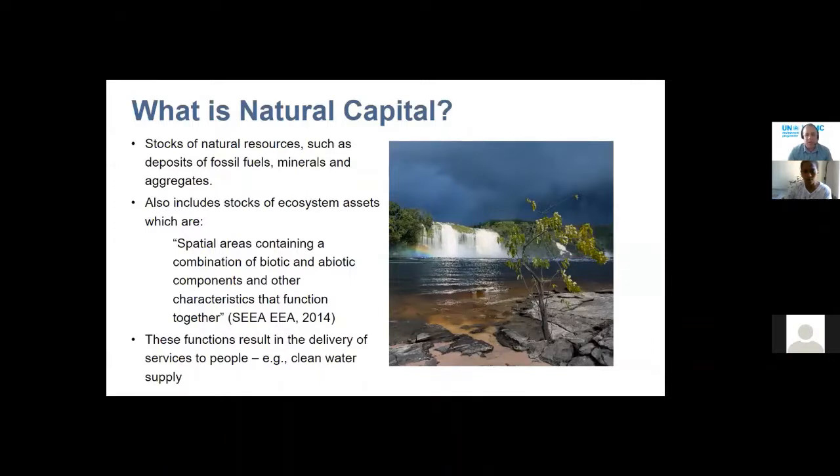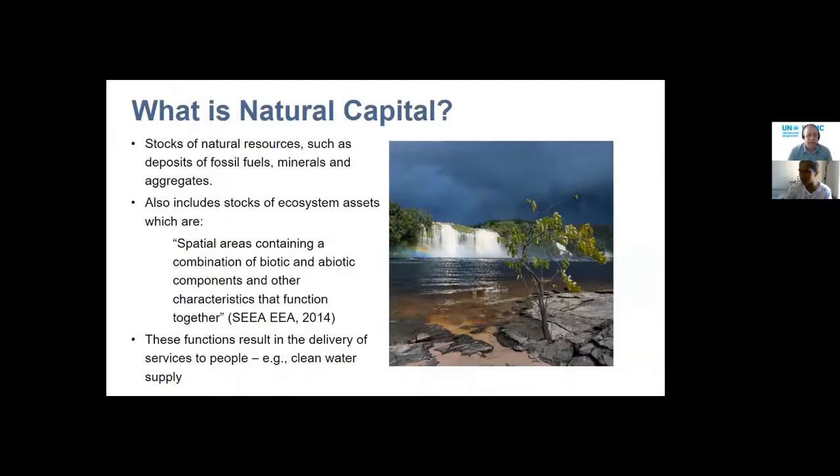So here's a definition from the ecosystem accounting community, where ecosystem assets are spatial areas that contain a combination of biotic and abiotic components and other characteristics that function together. So essentially these functional units all come together through various processes and interactions to supply a flow of ecosystem services.